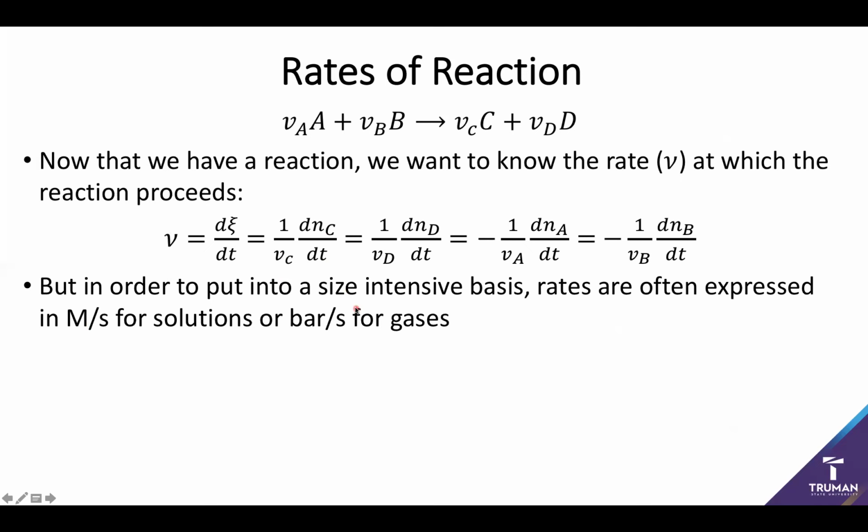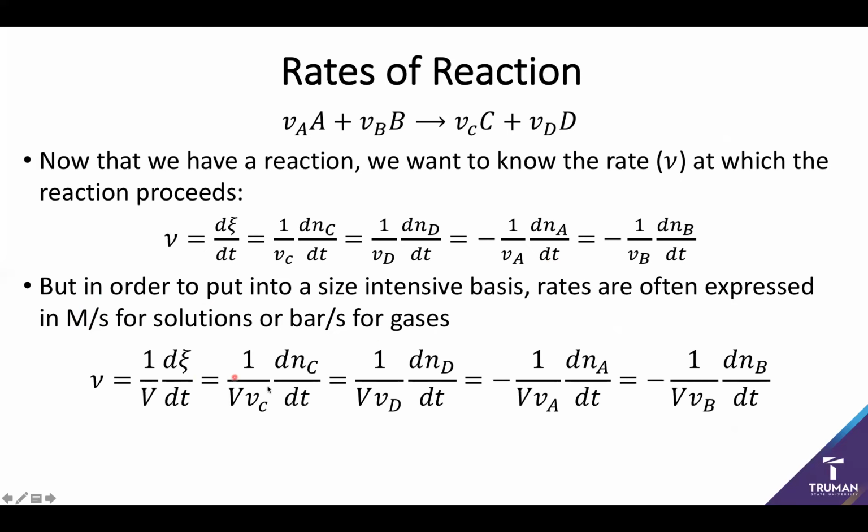However, let's say that I have a solution-based system and I want to bring it into units of molar per second. Well, I already have moles per time, so all I need to do is divide the system by volume. And here's where we actually get really lucky, because since this reaction all occurs in a single container, that means that they will all share a volume.